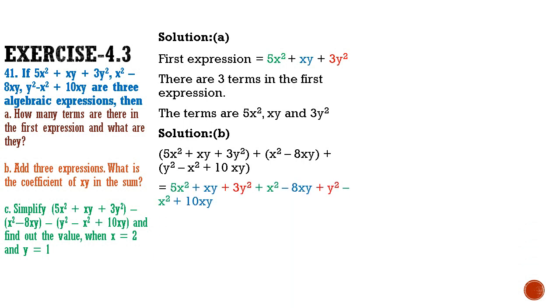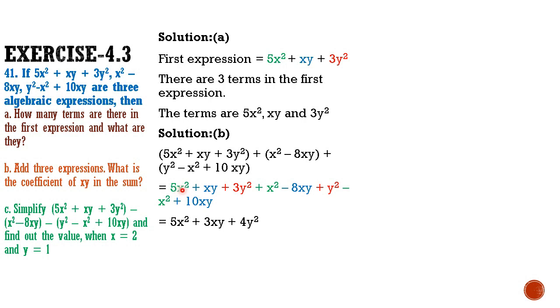Now we will do without bracket. So 5x square plus xy plus 3y square plus x square minus 8xy plus y square minus x square plus 10xy.